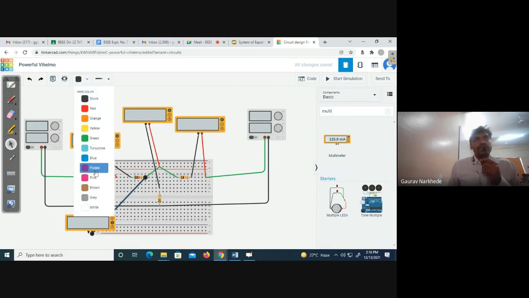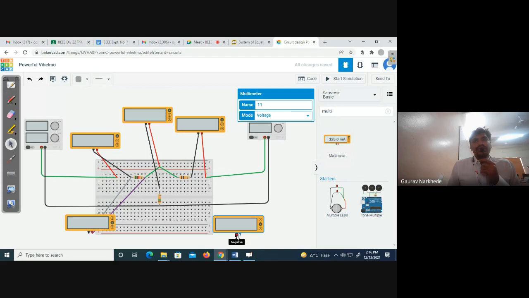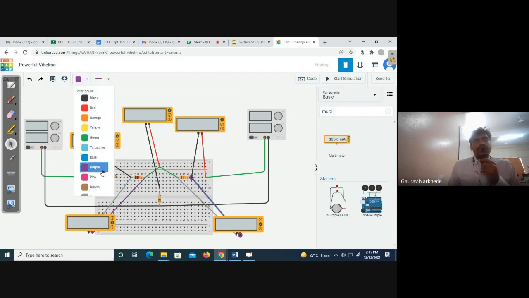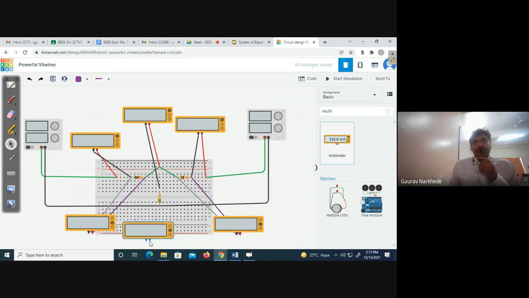I will use purple here, and maybe some gray for another. So this is your voltage measurement, VR1. Similarly, for VR2, I can get this voltage like this. Negative is connected here, positive is connected here, right? And this is measuring voltage across R2, correct? And similarly, I will measure voltage across R3.